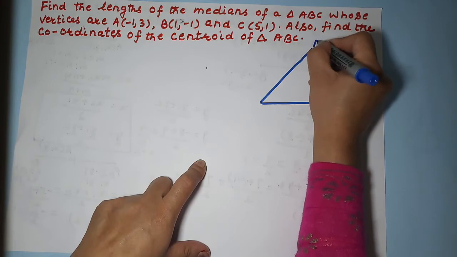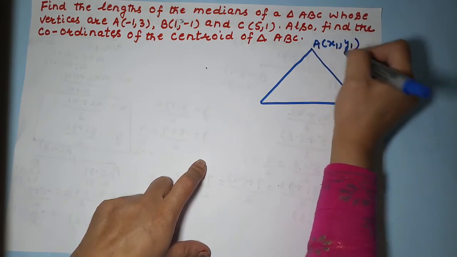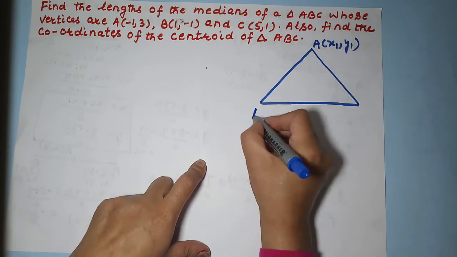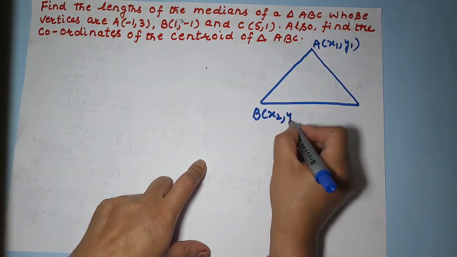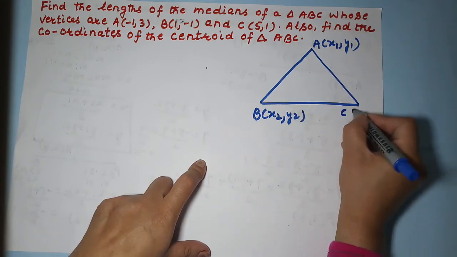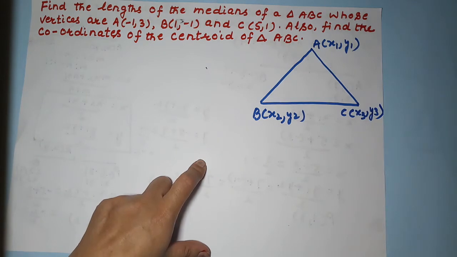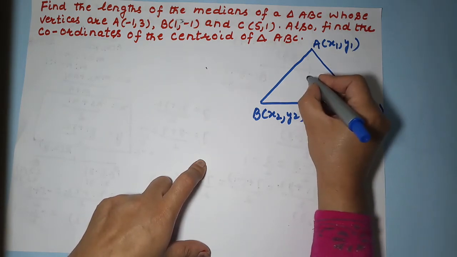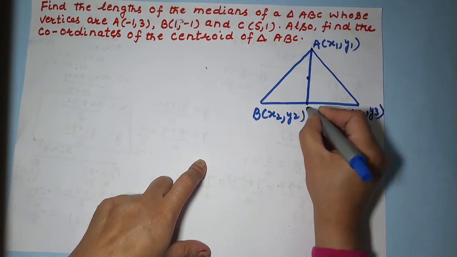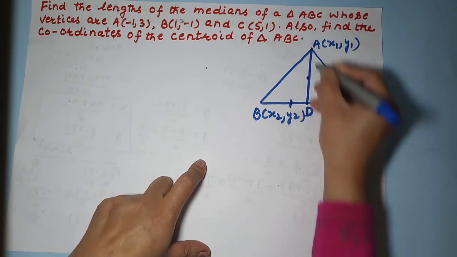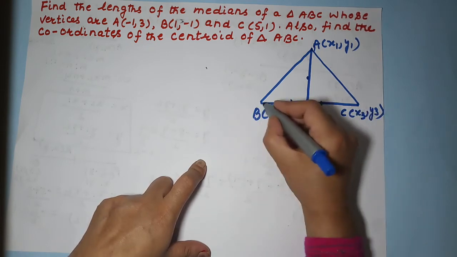Now suppose this is a triangle A, the coordinates are x1 and y1, the vertex B has coordinates as x2 and y2, and vertex C has coordinates as x3 and y3, right? Now median, where the point where all the medians of this triangle, AD is the median, right? Because it divides the side into two equal parts.